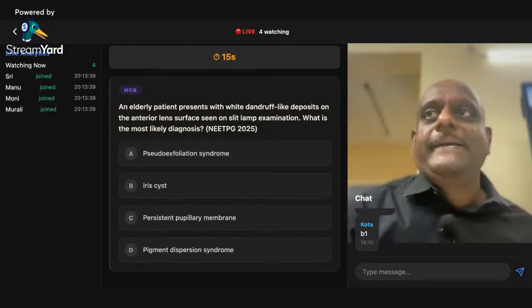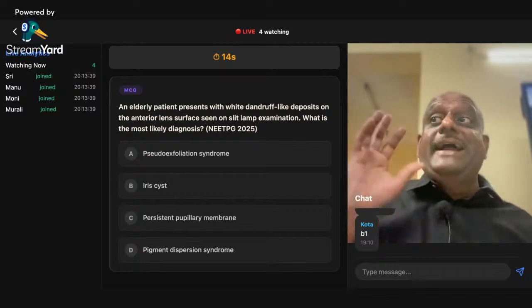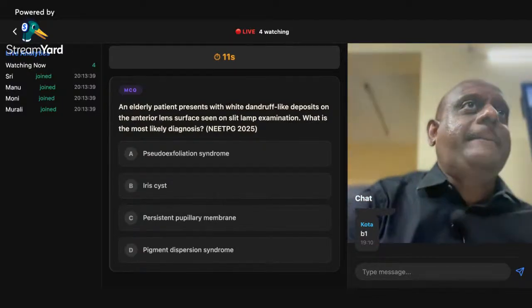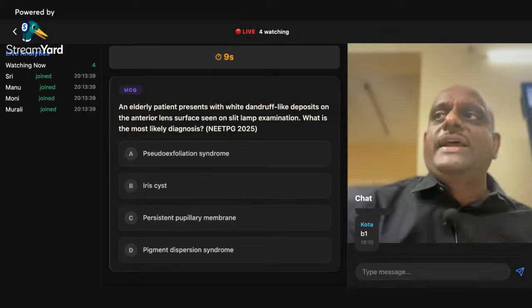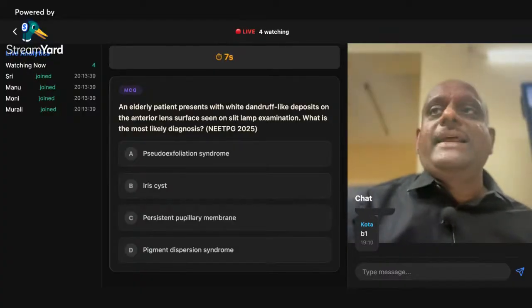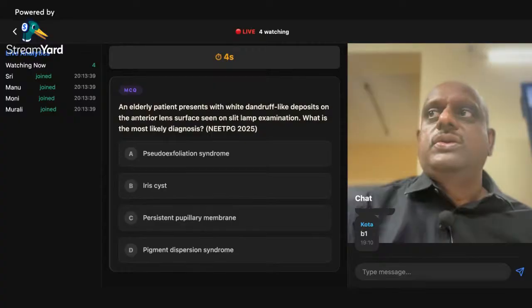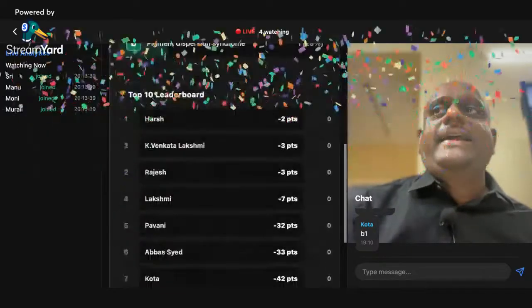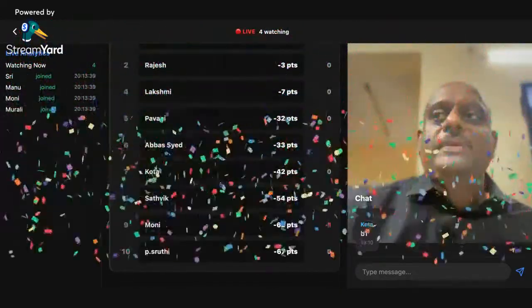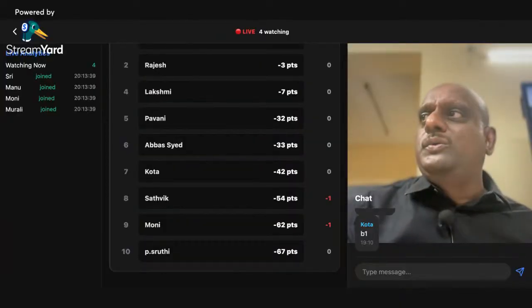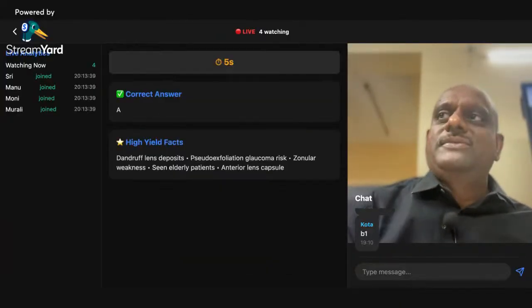Elderly patient with dandruff-like deposits on the anterior lens surface seen on the slit lamp. So what is this, doctor? Most likely anterior lens surface. So there is an entity called pseudo exfoliation syndrome, which you need to know.